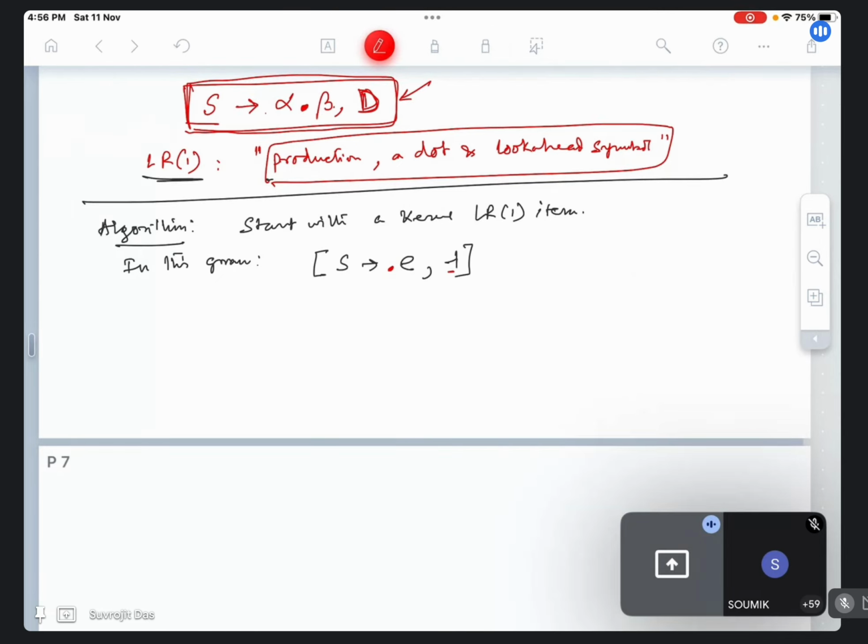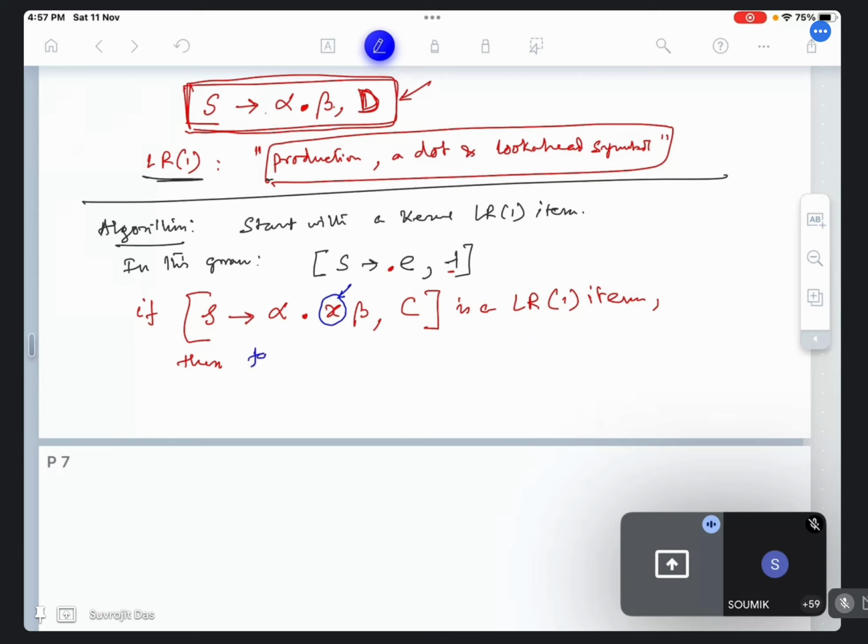Now the algorithm says that if you have an LR item that looks like S goes to alpha dot X beta, comma, capital C. If this is an LR1 item, it is very easy. Don't get afraid. Don't get confused. If it is an LR1 item, then take care of the non-terminal as usual, that is after the dot, and search for productions where that non-terminal X is on the left, right?